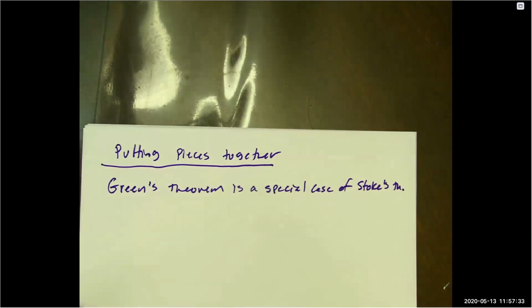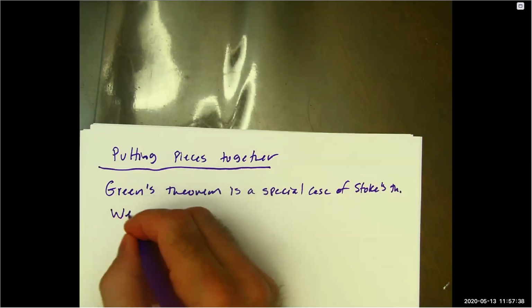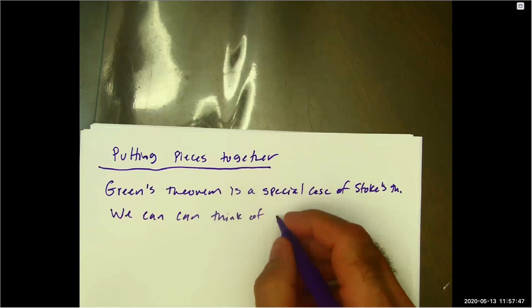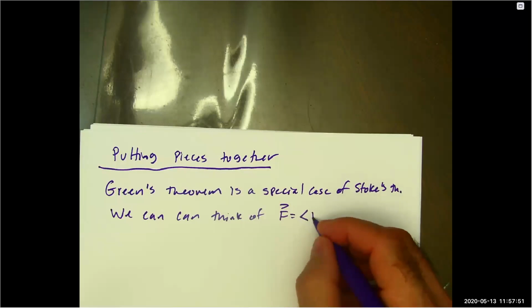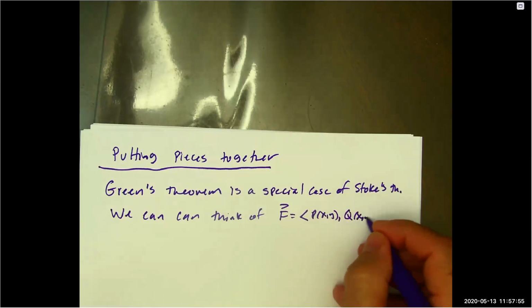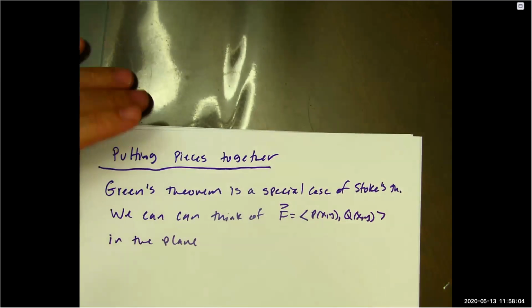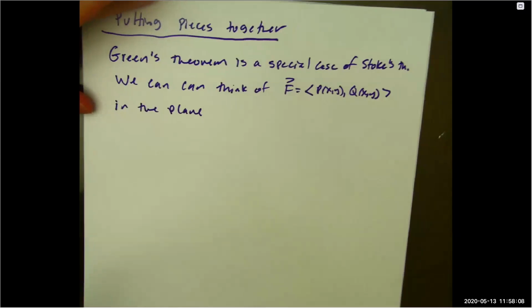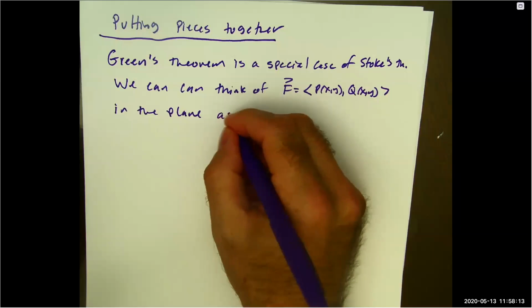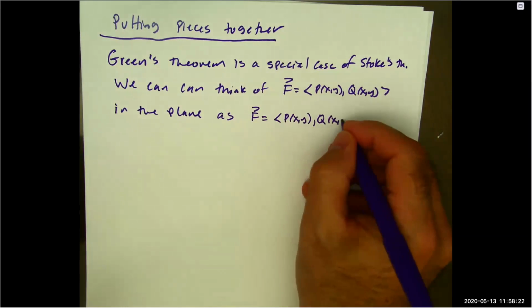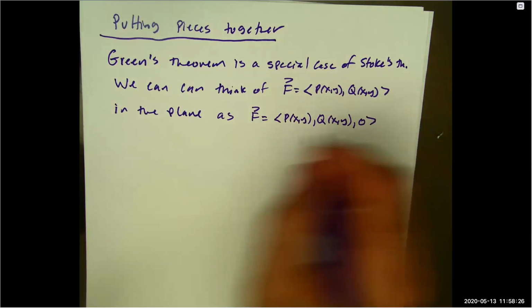All right, so we can think of F equal to P of x,y, Q of x,y in the plane as F equal to P of x,y, Q of x,y, and just make the third component function 0 in space.